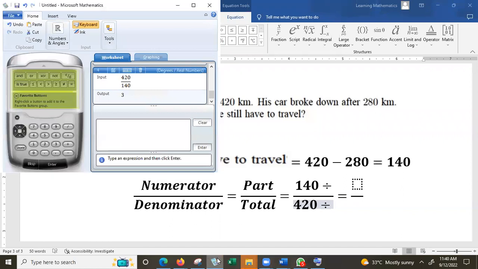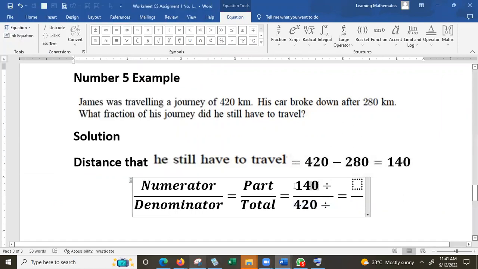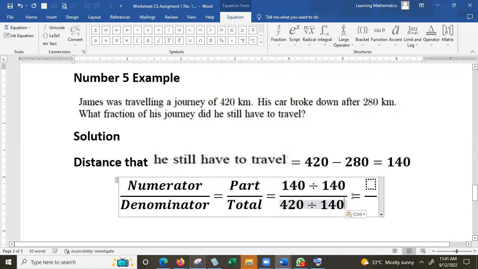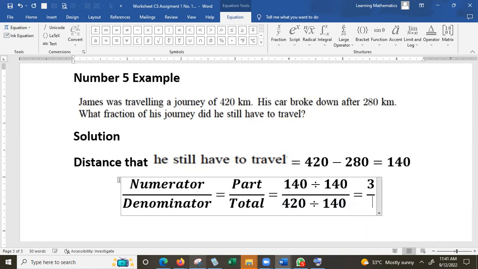The highest common factor between 420 and 140 is 140 itself, because 140 can go into 420 3 times without leaving a remainder. So 140 divided by 140, 420 divided by 140. So that's 3 over 4.